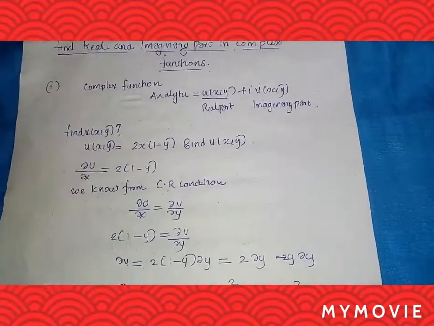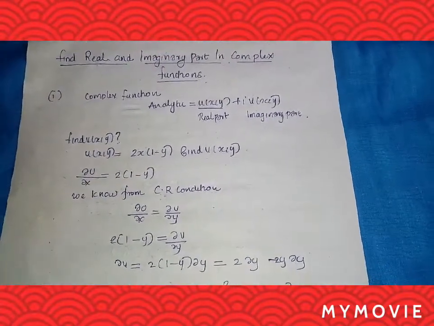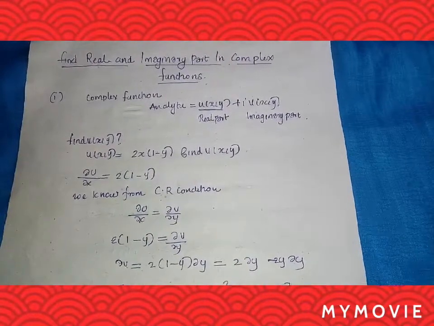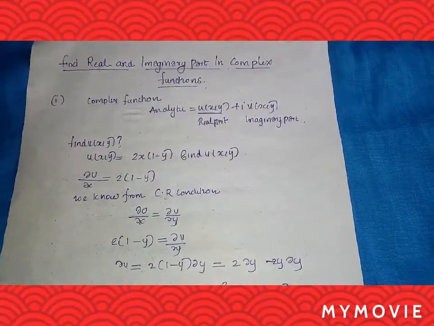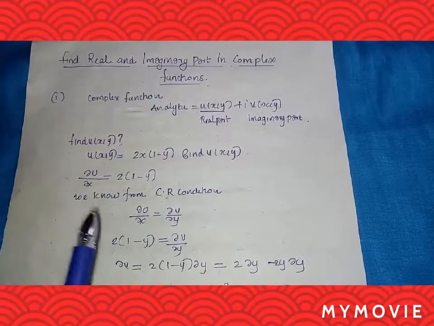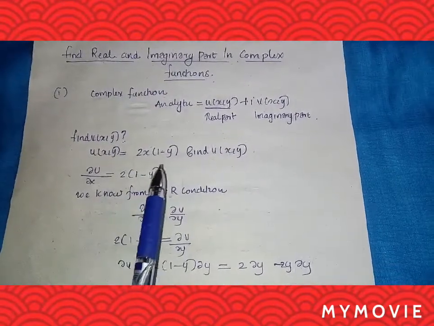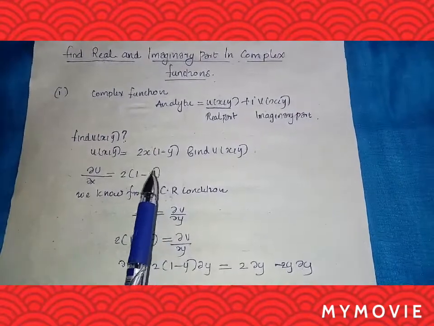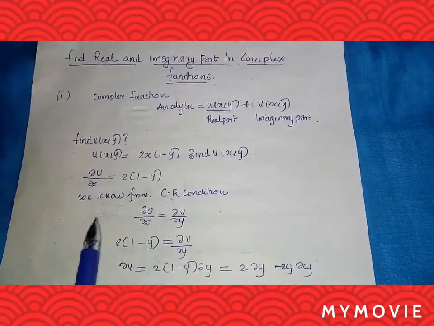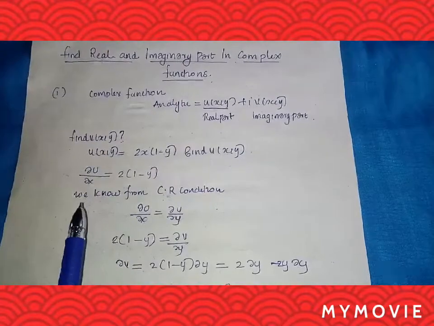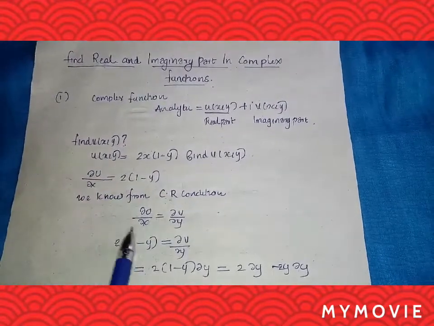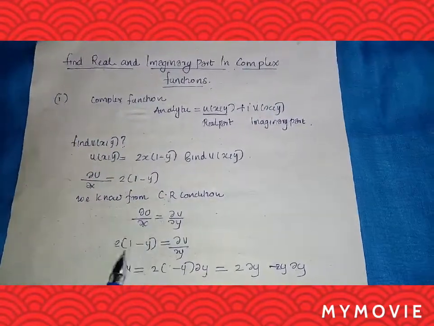We know that the analytic function should obey the Cauchy-Riemann condition. So here dou u by dou x, we know that it is 2x into 1 minus y, so dou u by dou x is 2 into 1 minus y. From the Cauchy-Riemann condition, dou u by dou x is equal to dou v by dou y.